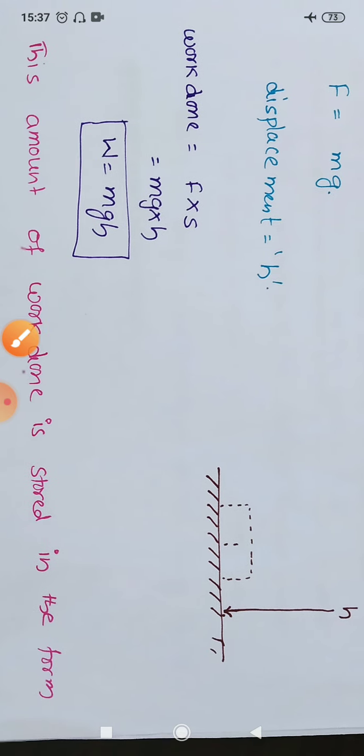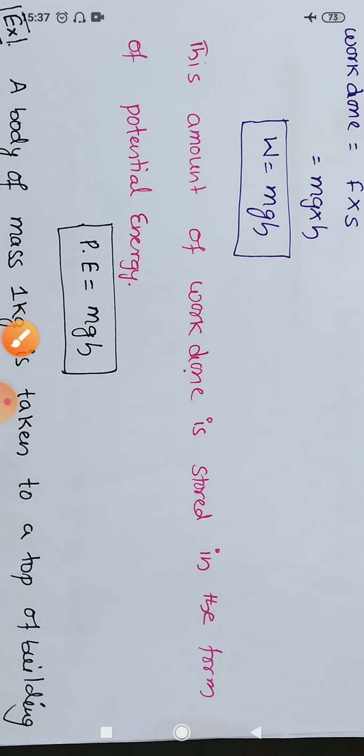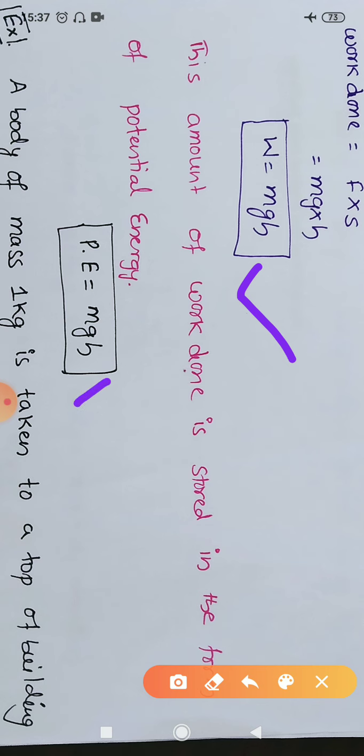How much potential energy? That potential energy is equal to the amount of work done in taking the body to that height. So here we have calculated the amount of work done as mgh. So the potential energy stored in the body also becomes mgh, right?